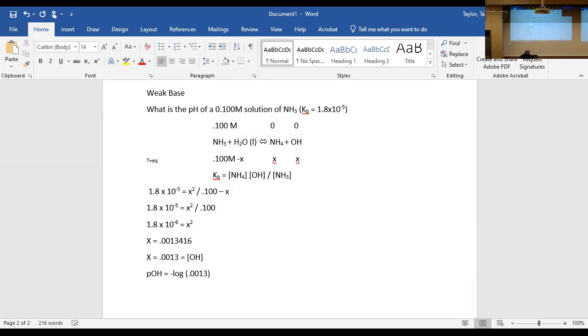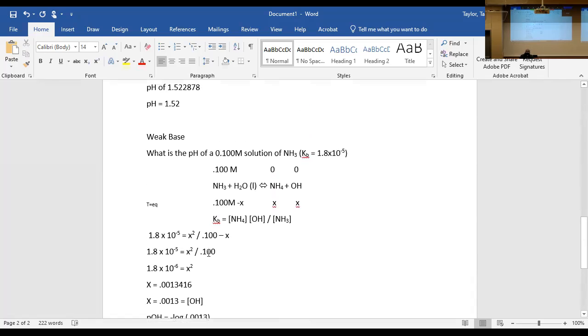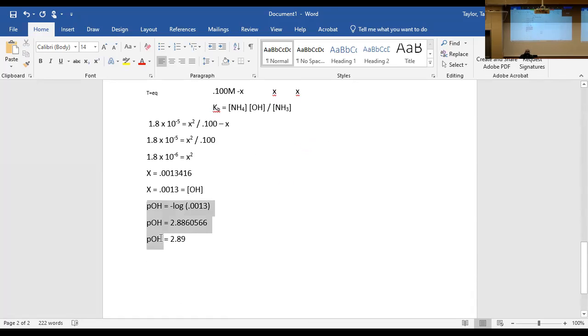And then we get the pOH, which is equal to 2.886056. Okay, so then we need to find out sig figs. The zeros aren't significant, so we only have 2 right here. So we go to 2 decimal points and we round up because of the 6. So it would be pOH is equal to 2.89.